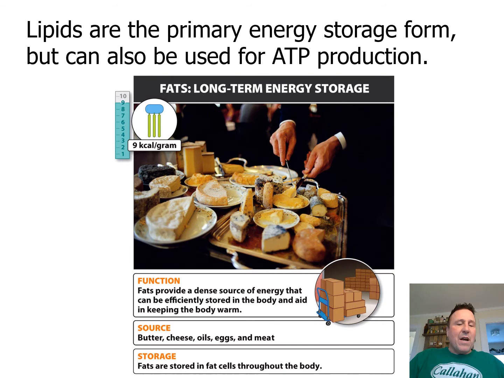All right, we've come now to lipids, fats. Now lipids have twice the energy, the calories per weight, more than twice, than proteins or carbs. So if you're talking about how to get the most calories, go for the lipids, because pound per pound, they've got the most calories.